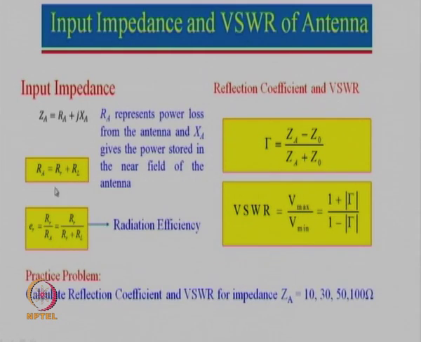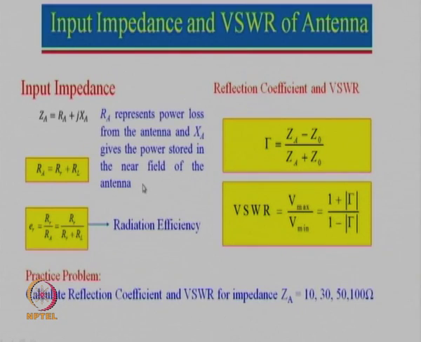This radiation resistance is an interesting thing: it does not really exist, it is only a mathematical model. Power radiated from the antenna is considered as power loss from a circuit point of view, and can be written as I square R or V square by R.